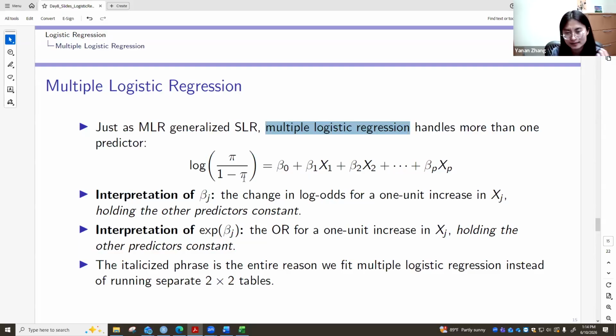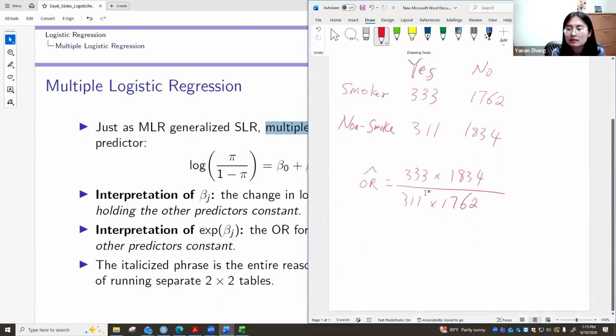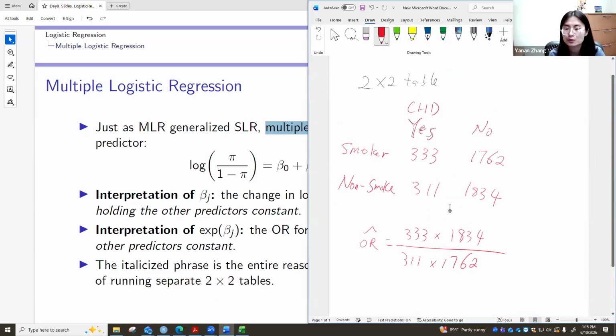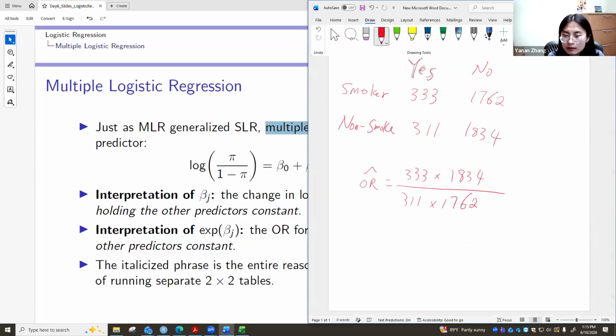That's the second reason. The third reason, I think, is a very important reason: multiple logistic regression can be used to address confounding issues. So here I talk about the word confounding. So let me try to write something here.